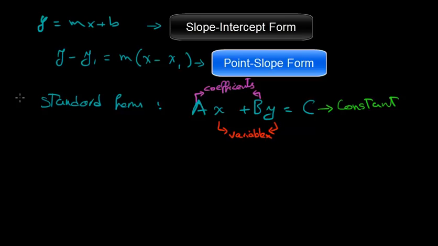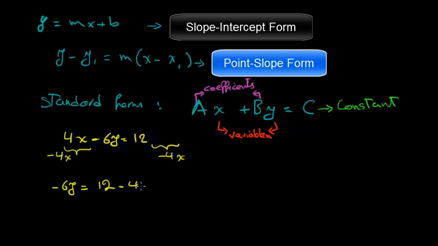So, like this example, we are asked to rewrite the equation 4x minus 6y equals 12. In order to do that, we subtract 4x from both sides, and we'll have minus 6y equals 12 minus 4x.